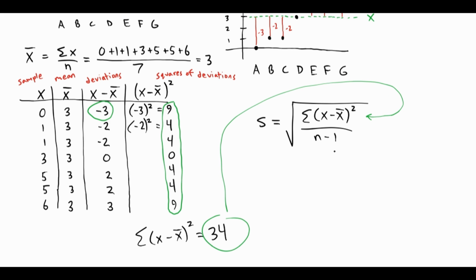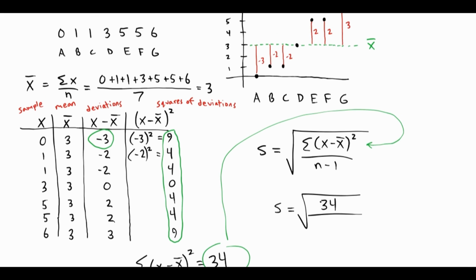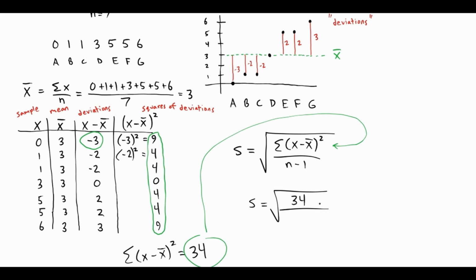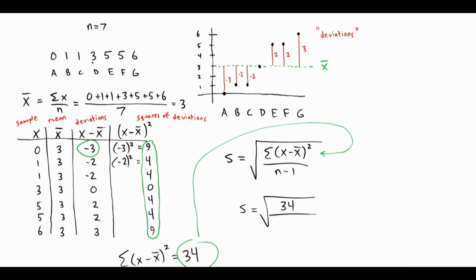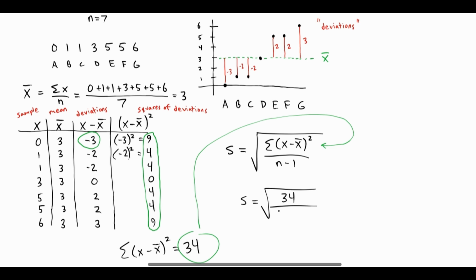And now we have it. So we can type in square root of 34 over n minus 1. For my sample, I used an n of 7. There were 7 data pieces. So we'll do 34 over 7 minus 1, which makes approximately 2.38.